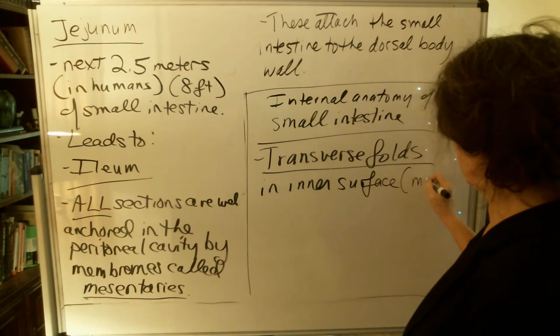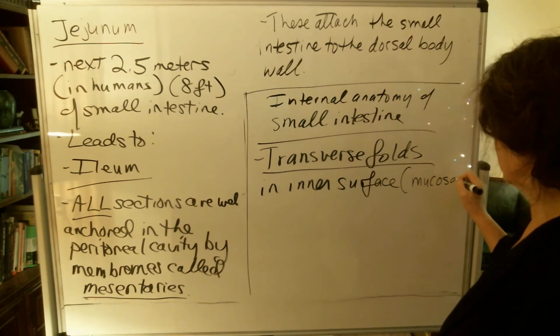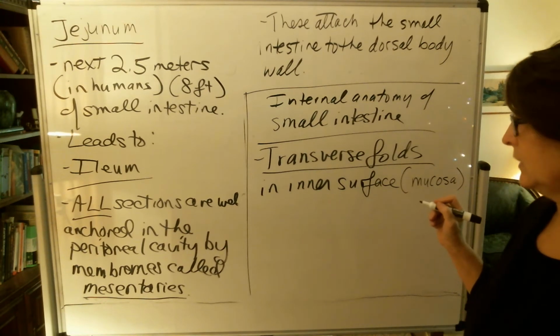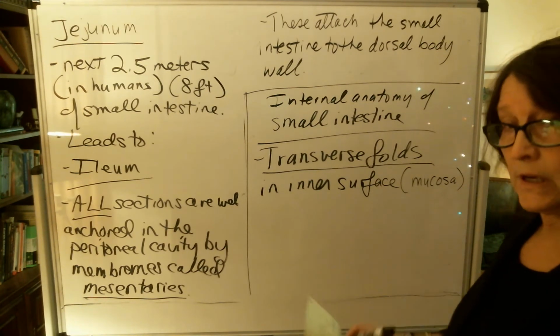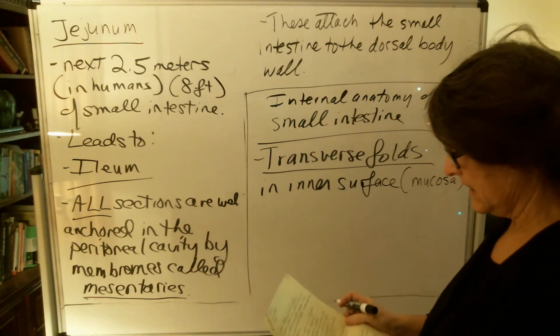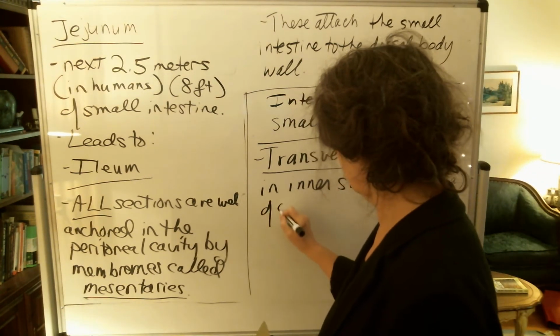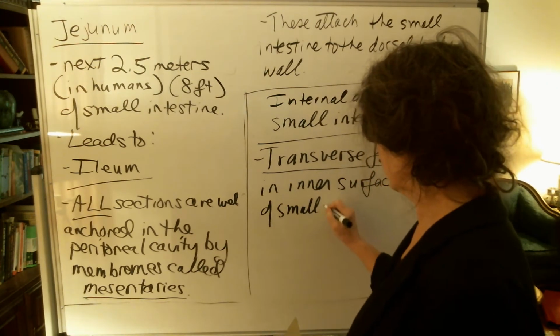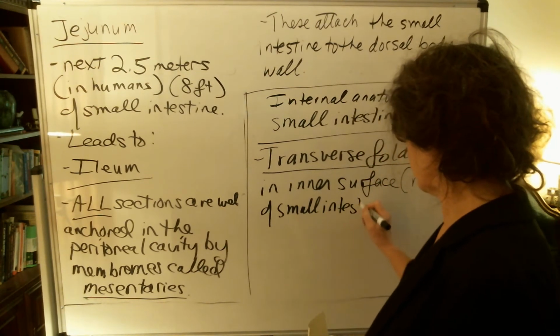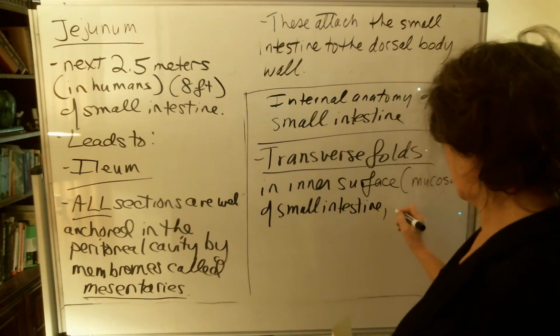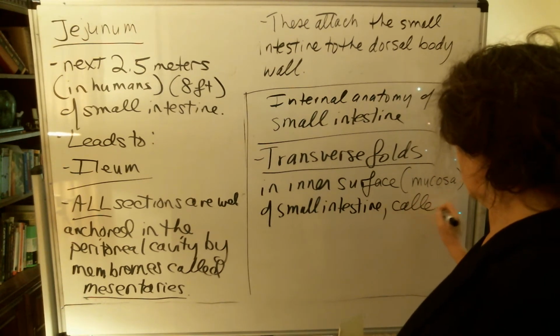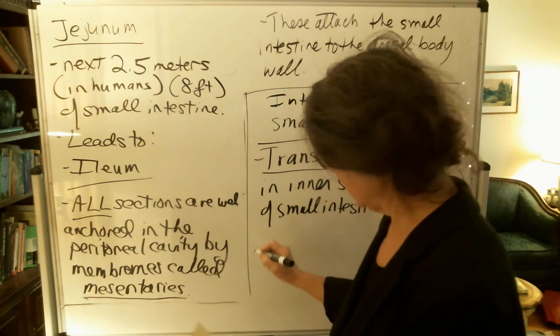So in the mucosa, remember that's the mucous membrane lining your small intestine. So we have these transverse folds in the mucous membrane of the small intestine. And these are called plicae.